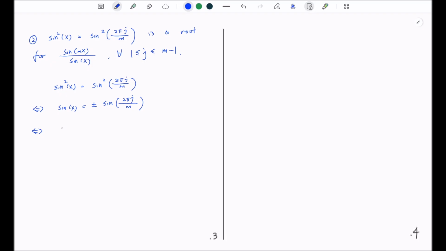And this happens if and only if x is equal to plus minus 2 pi j divided by m, or pi plus minus 2 pi j divided by m, modulo 2 pi. And this last line always implies that sine of mx is equal to 0.